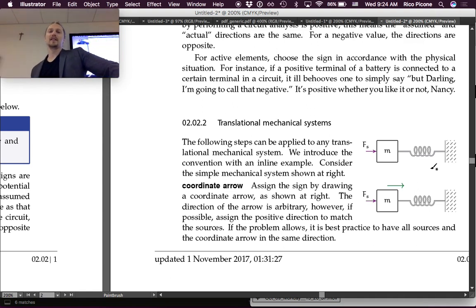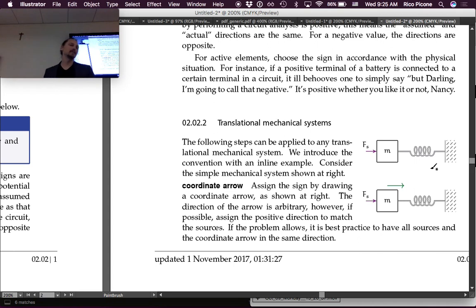So direction is arbitrary. However, if possible, assign the positive direction to match the sources. If the problem allows, it is best practice to have all sources and the coordinate arrow in the same direction. Sometimes you have sources that are pointed in the opposite direction within the same problem, multiple sources.